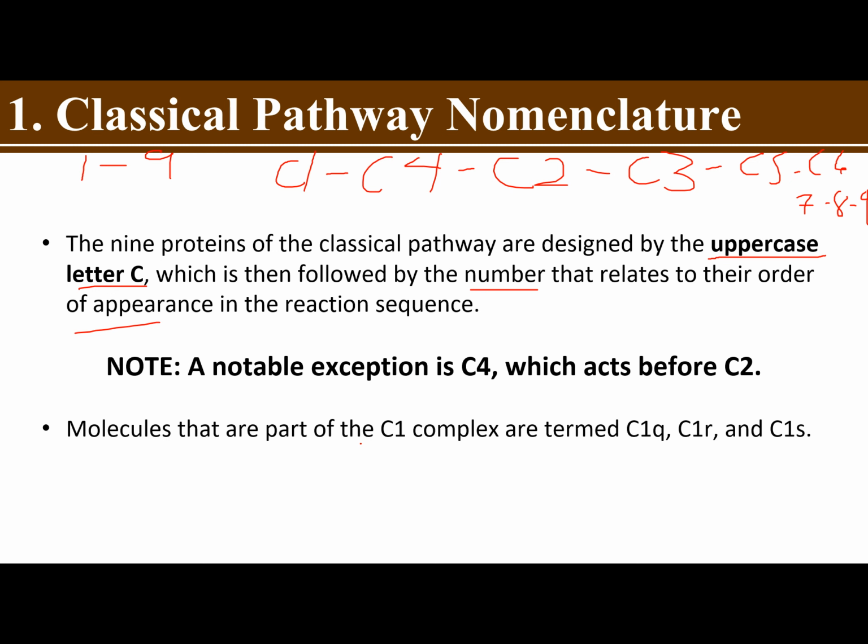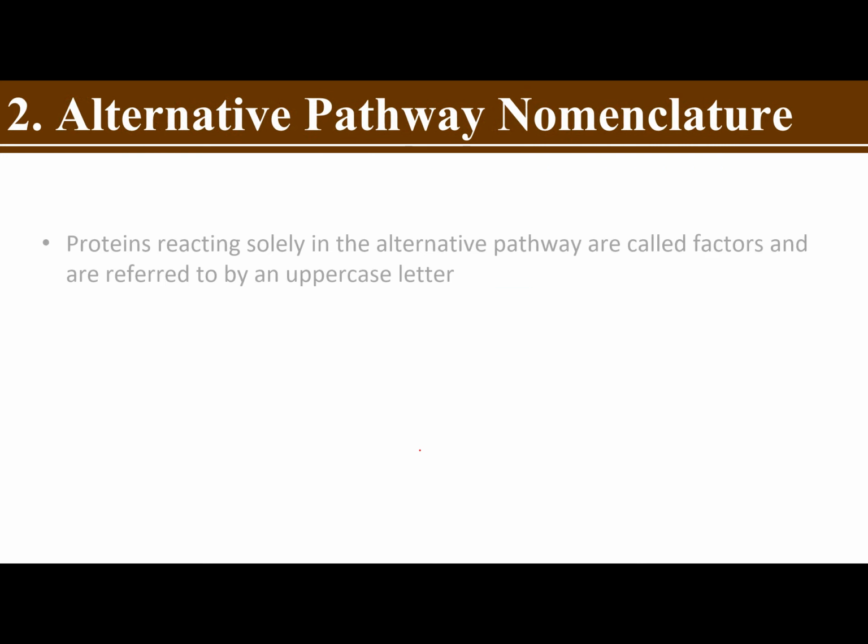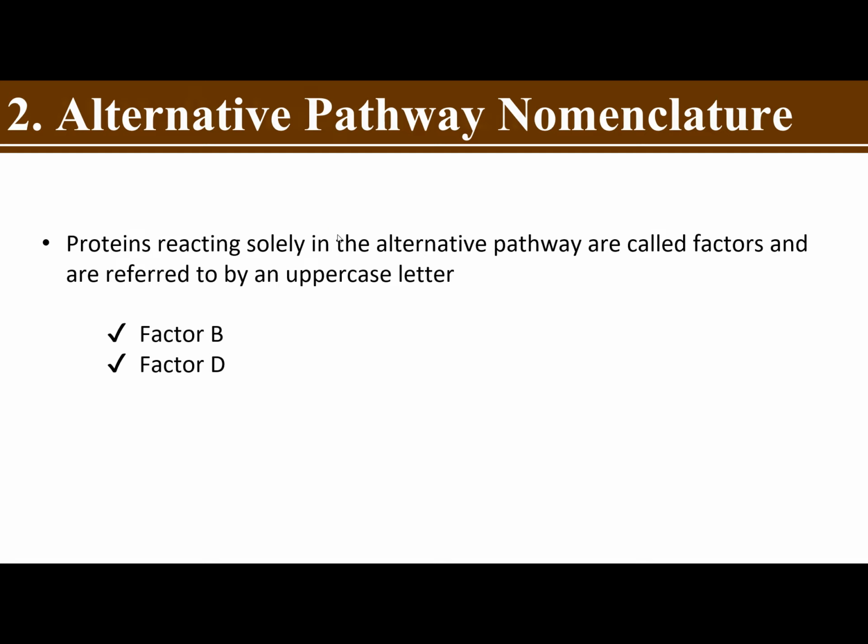Now, molecules that are part of the C1 complex are C1q, C1r, and C1s. So as I mentioned, class, your C1 is made up of a complex of C1q, r, and s. Now, for the alternative pathway, please take note that these are proteins reacting slowly, and they are called factors. So for the classical pathway, you're going to use the uppercase letter C, followed by the number.